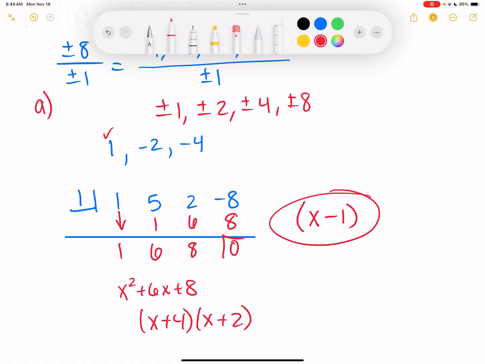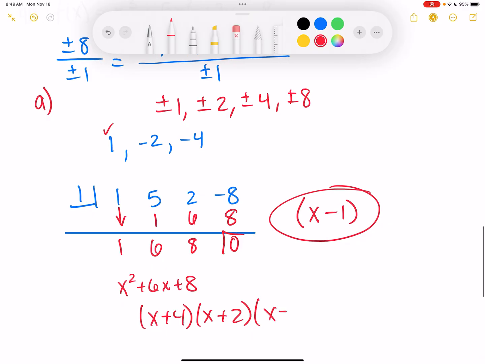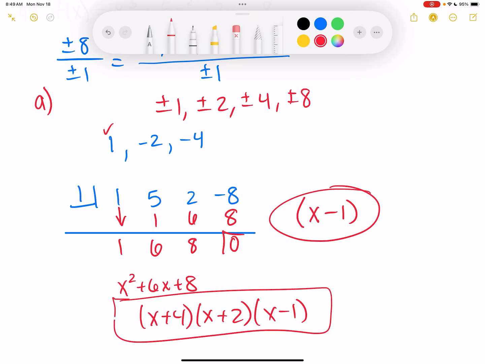And what do we know? -4 and -2 would be zeros. Multiply it by the x minus 1, and that would be it factored out for you. Now, if it wasn't something that we could factor, we could keep the process going. We could have just run synthetic division again on this set of numbers that was down here.